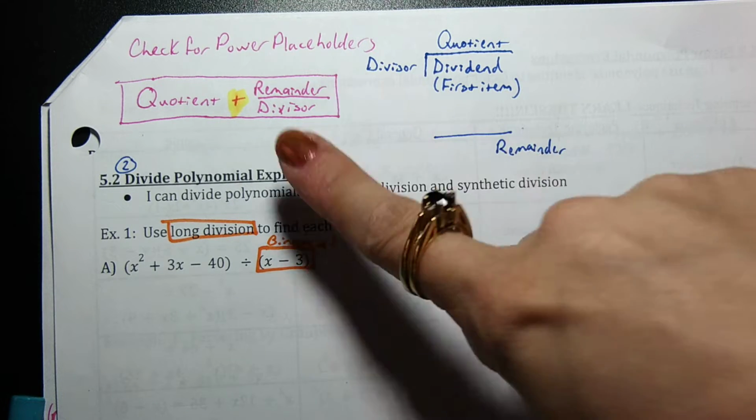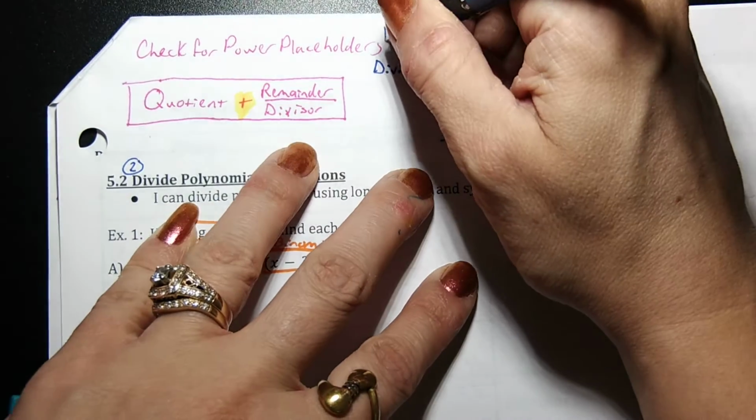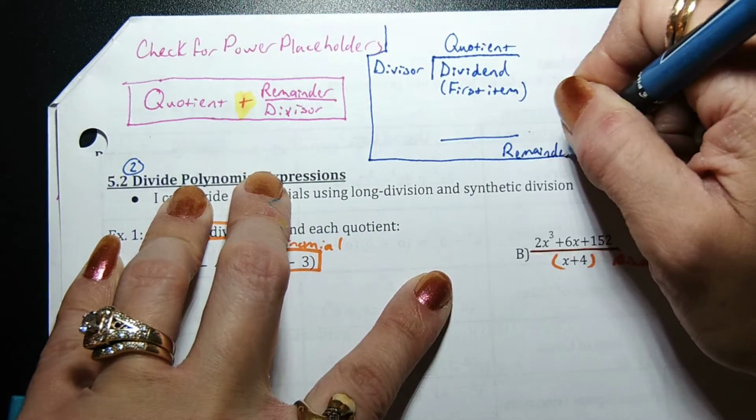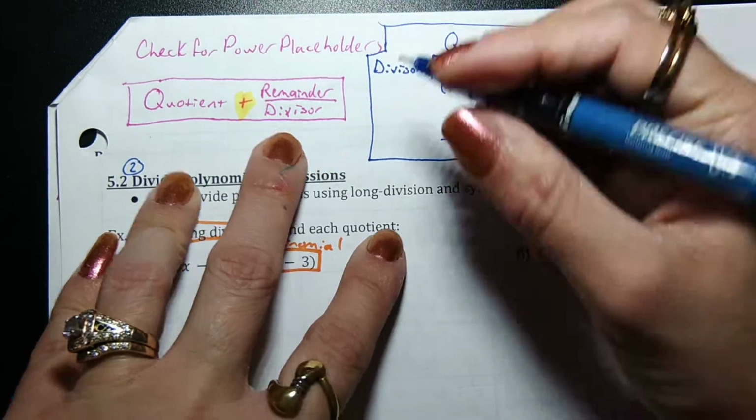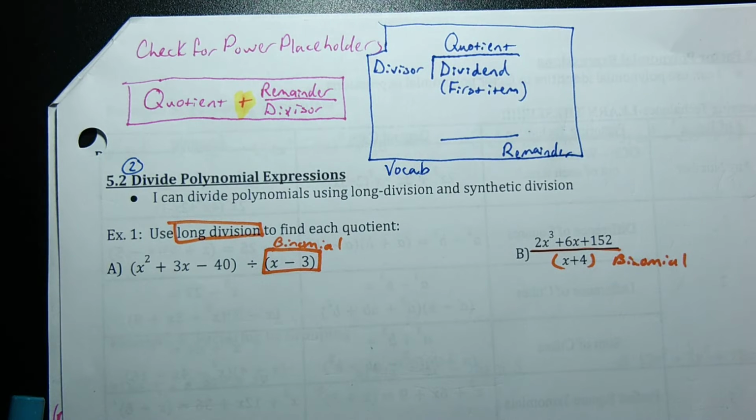And as we will see, our remainder is an important part of our final answer. So this is our vocab. Dividend in the dividing house. Divisor, what's doing the dividing? Quotient is what goes on the dividing house, and the remainder is what is left after we carry out our division.